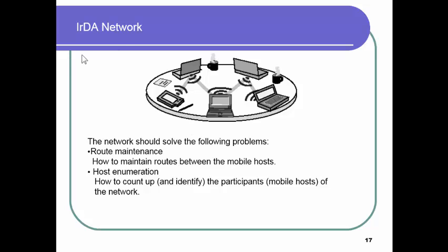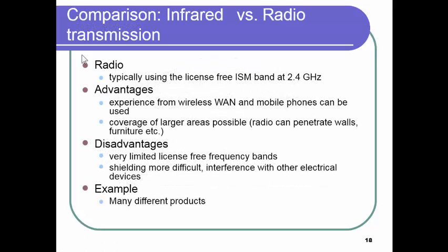The important thing is that due to the limited coverage area and the limited bandwidth, it is most important to align the devices or gadgets in such a way that they transmit and receive the information properly.